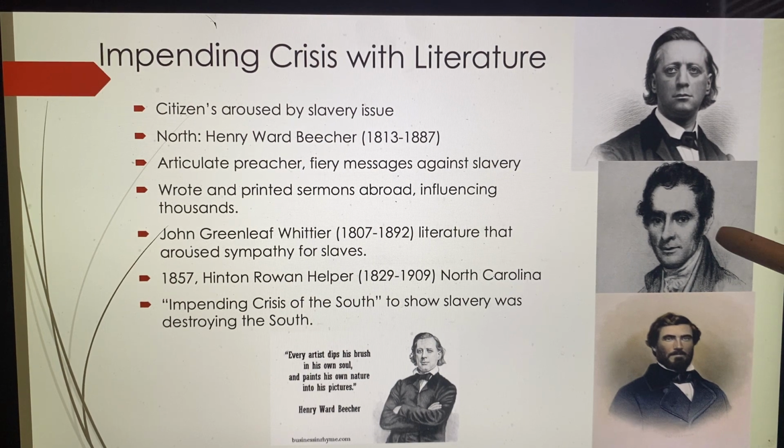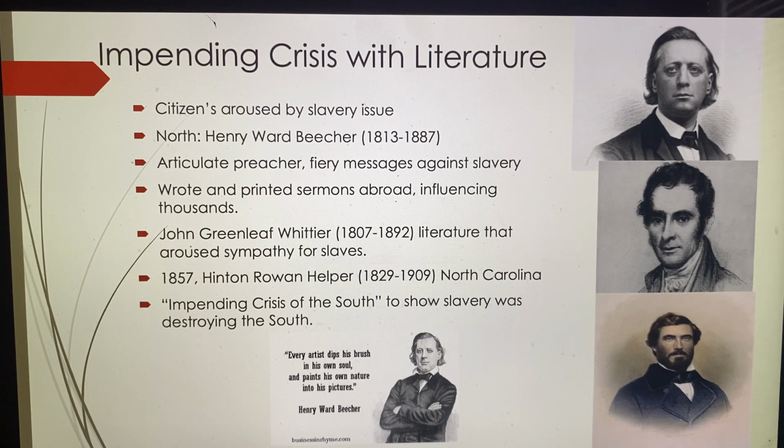Also, this man, John Greenleaf Whittier, wrote literature that aroused sympathy for slaves too, and how slavery was so wrong. So we have a preacher that printed his sermons, and we have a writer that sympathized. And we also would have, in 1857, Hinton Rowan Helper from North Carolina. And here's a picture of him down here. And he wrote The Impending Crisis of the South.